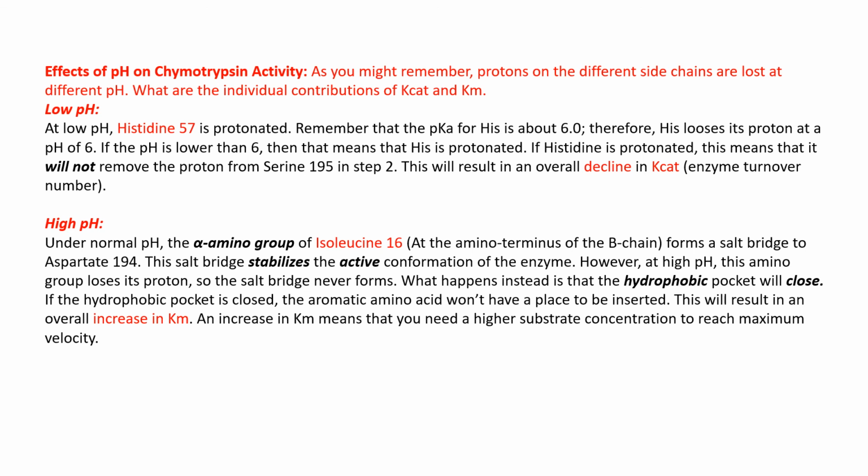What happens instead is that the hydrophobic pocket will close. If the hydrophobic pocket is closed, the aromatic amino acid won't have a place to be inserted. This will result in an overall increase in Km.